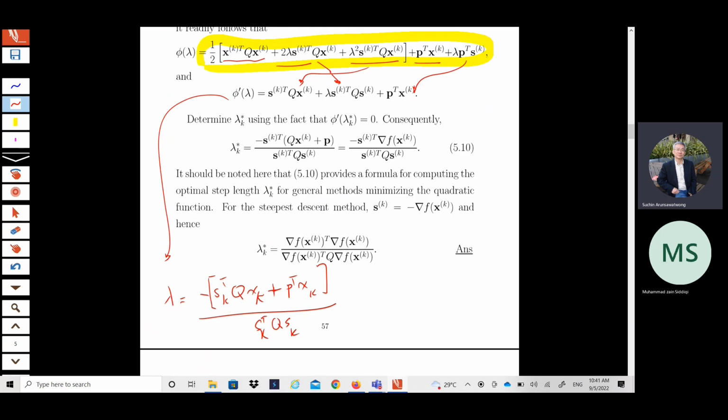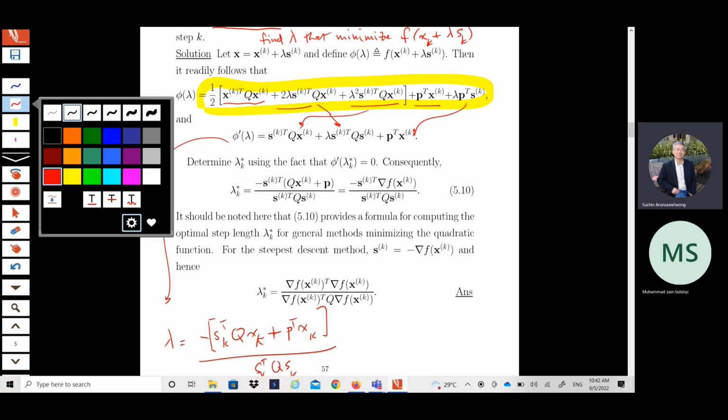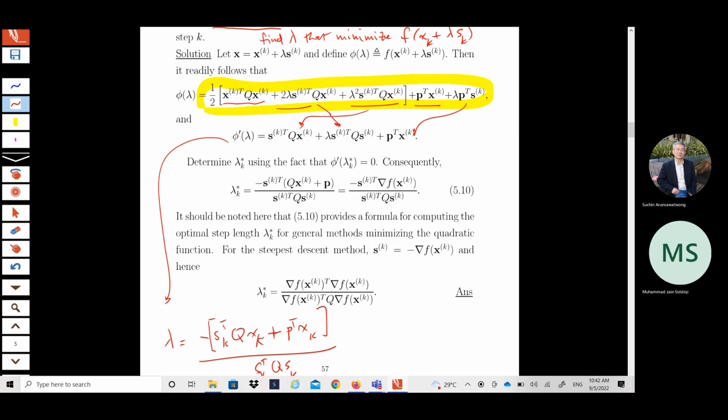In my writing, I use the subscript k instead of the superscript k. So this is the formula for the optimum step size.